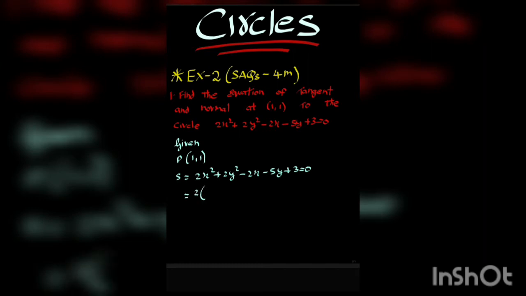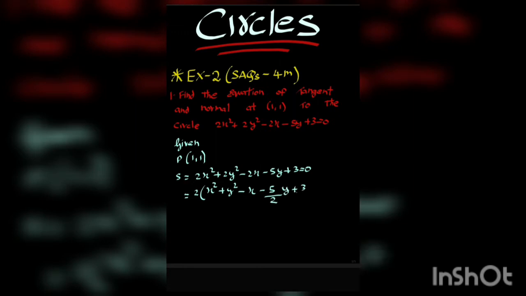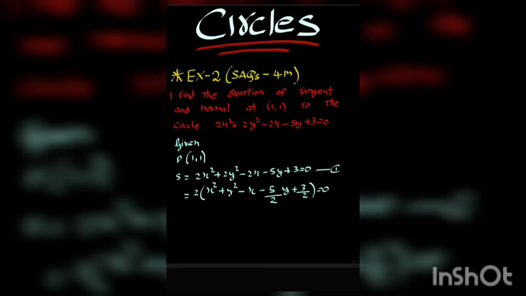So 2(x² + y² - x - 5/2 y + 3/2) = 0. Or simply consider this as equation 1 and divide equation 1 by 2, then you will get the same equation: x² + y² - x - 5/2 y + 3/2 = 0.